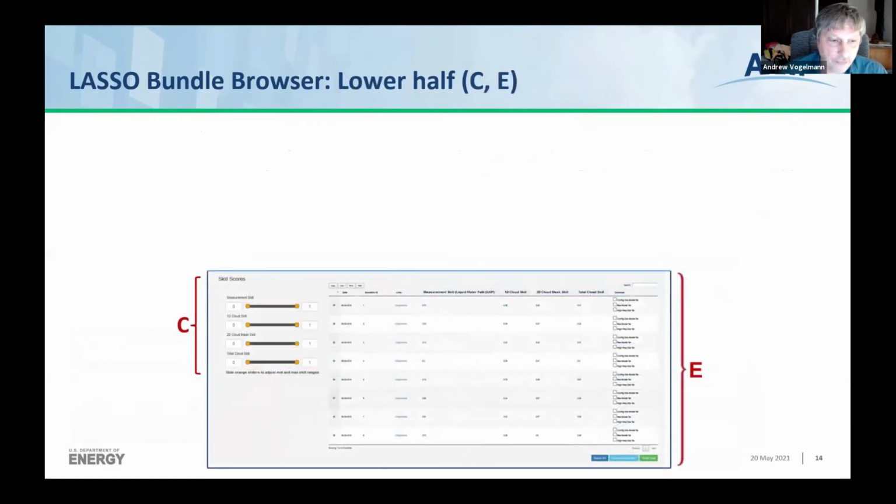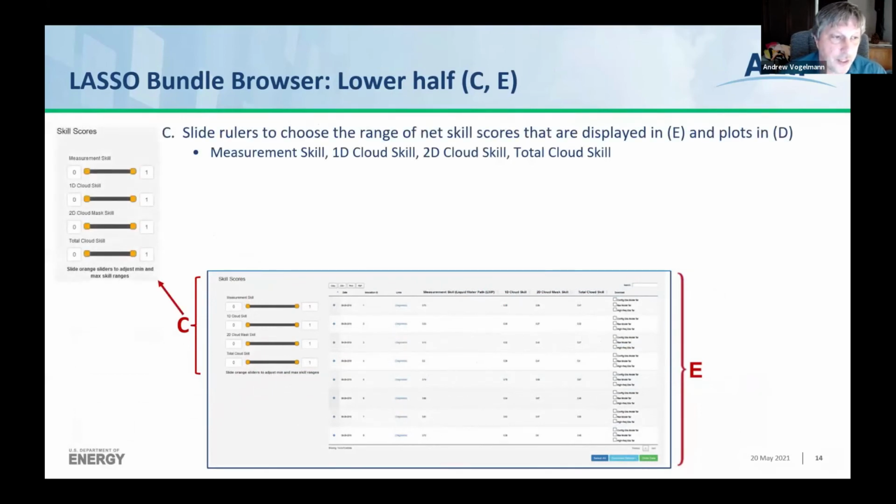For the lower half, it has two main components. First, and perhaps most interesting, is that you have slide rules. Measurement skill is the skill for the measurement that you chose. I've been talking about liquid water path, it could be cloud-base height, whichever one you chose in part A. But then we have the multivariate skills, the 1D cloud skill, 2D cloud mask, and total cloud skills.